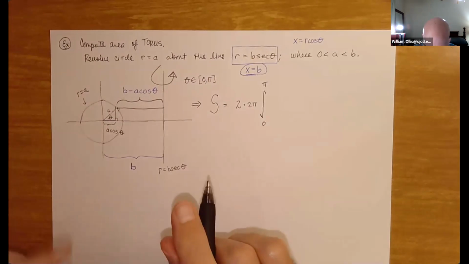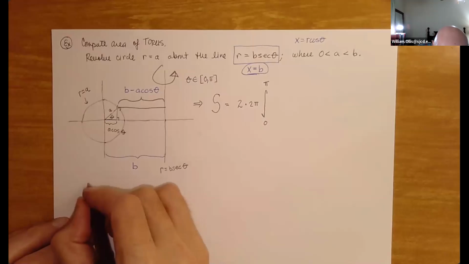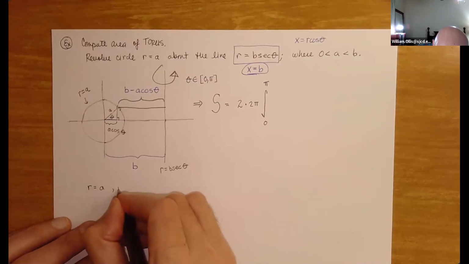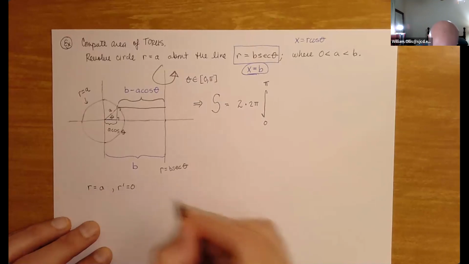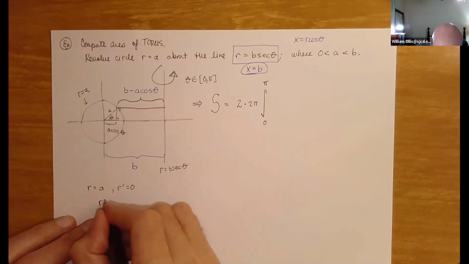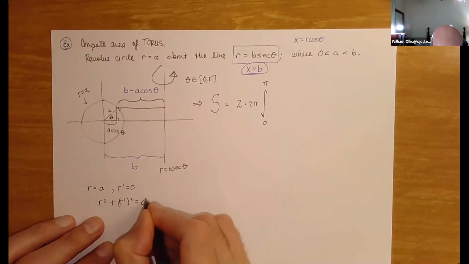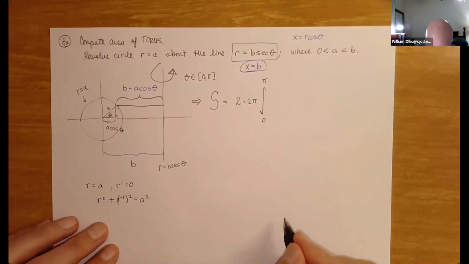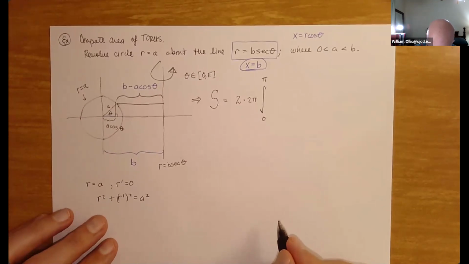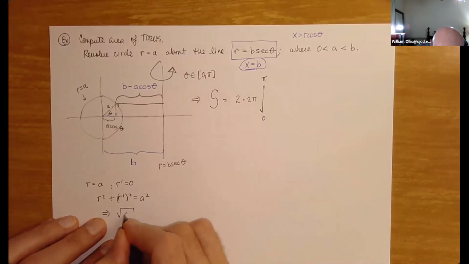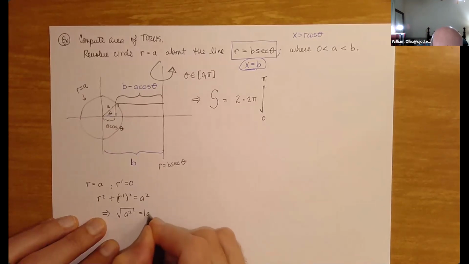And what's interesting here is that we have r equals a, so r prime is 0. Hallelujah. So r squared plus r prime squared is a squared, and when we take the square root, we get the absolute value of a, which by definition is a.